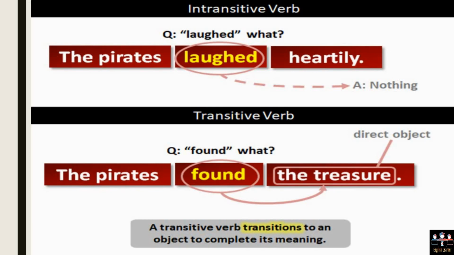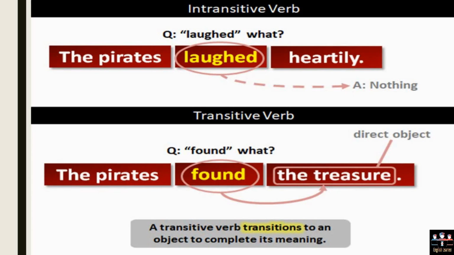How did the pirates laugh? As you notice, the question is addressing how, not what. So it means that it is an intransitive verb. Laughed in this example is acting as intransitive because it does not have any object to pass out its meaning, as heartily is from the category of adverb.